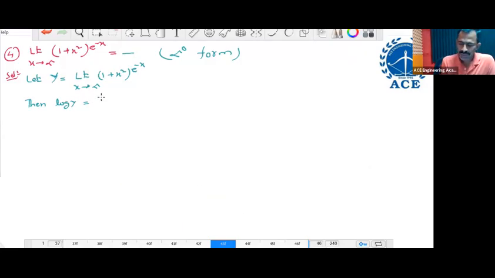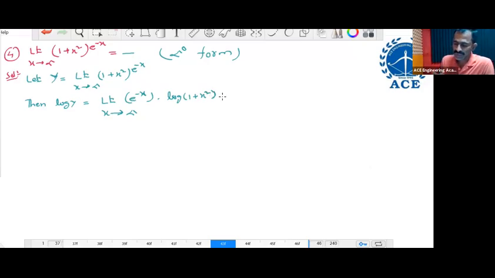So log y equals the limit as x tends to infinity. If you apply the log to this function, it becomes log of (1 + x²) whole power e^(-x). That is e^(-x) into log of (1 + x²), like this.